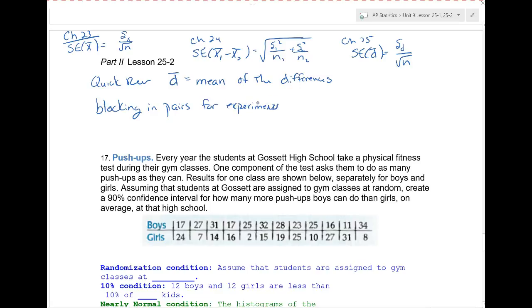And then we do matching in pairs for observations of things, so when we're doing an observational study. That's when we call it a matched pair. Hopefully that helped a little more with when you'd see each one.